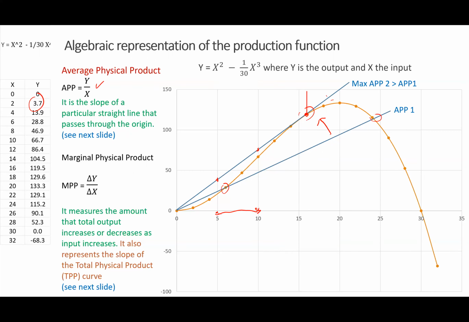And so again, the MPP curve is at its maximum at the inflection point. Okay, so that's why we call it that, right, the inflection point. And so in our graph it is here. So our inflection point will be around between 10 and 12, okay, when the MPP is at its maximum.